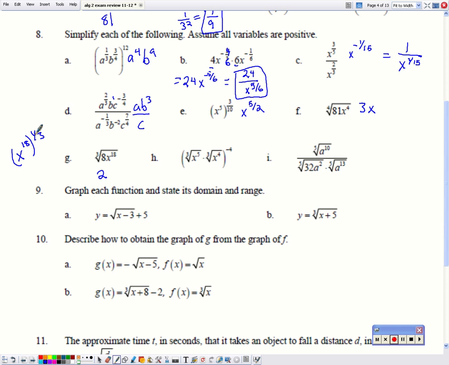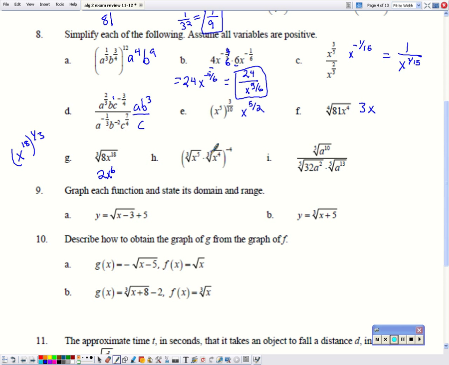Now, when I raise a power to another power, what do I get? I get x to the 6th because 18 times 1/3 is 18/3, which is 6. Another way to think about this is I need 3 groups. If I have 18 x's lined up, I can circle 6 groups of 3.